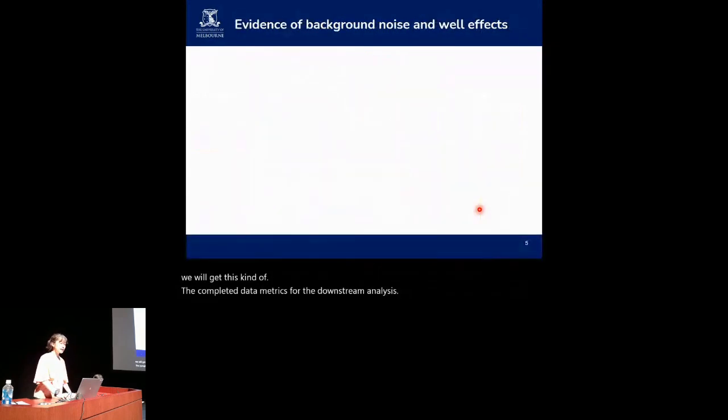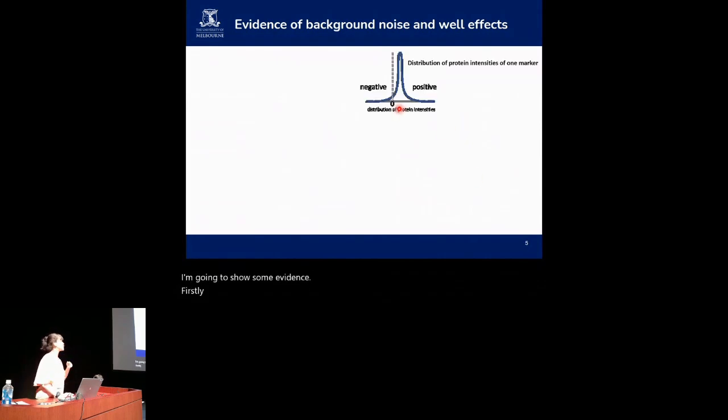Like many other omics data, unwanted variation exists in this data set. So here I'm going to show some evidence. Firstly, here is the distribution of a particular marker. And we can see that some cells have negative values and some cells have positive values.